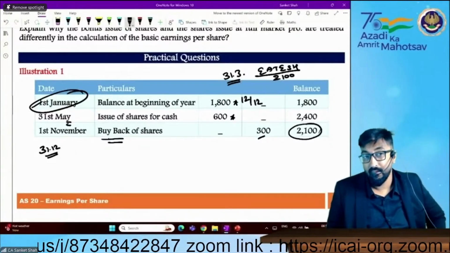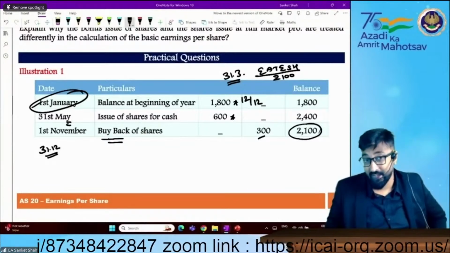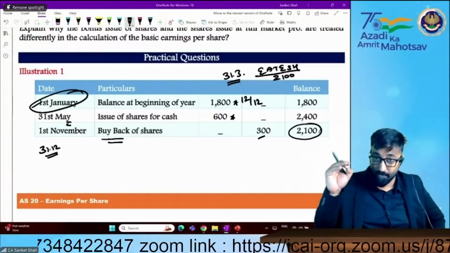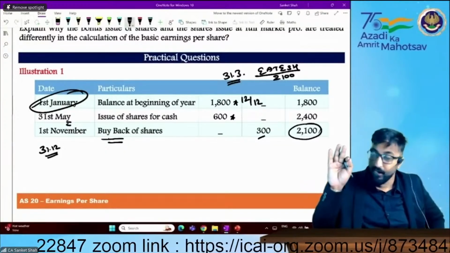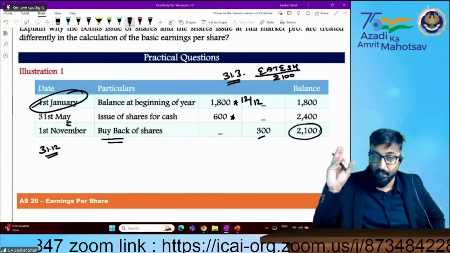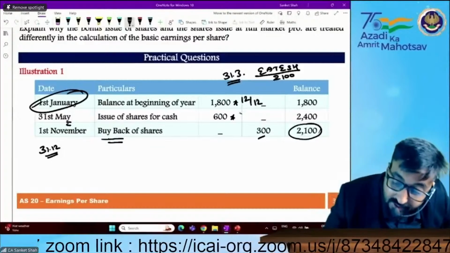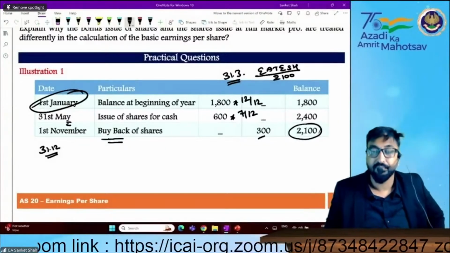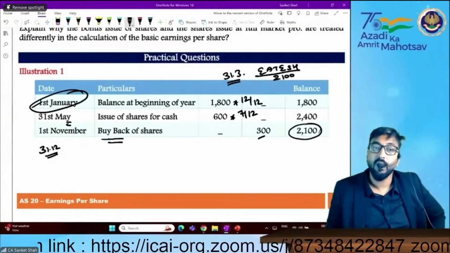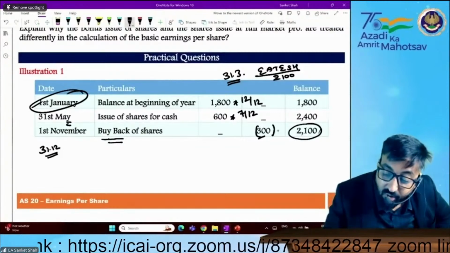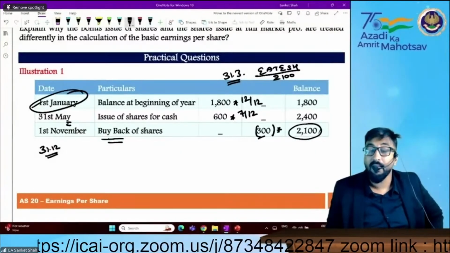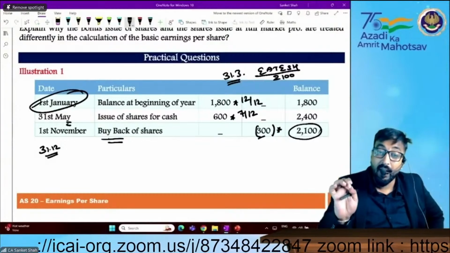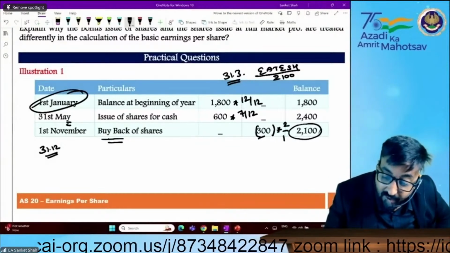These 600 shares are from June, as 31st May I won't consider: June, July, August, September, October, November, December. So 7 months. And 300 shares are not with me, so minus 300. For how many months? November and December, 2 months.